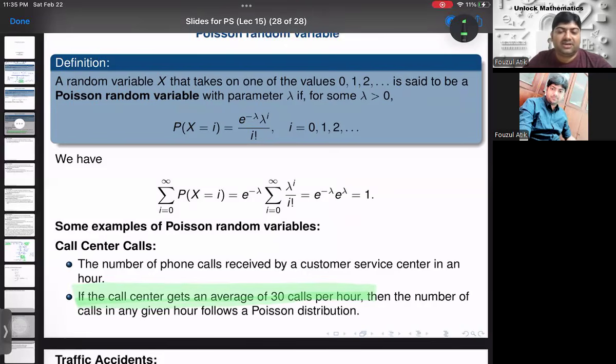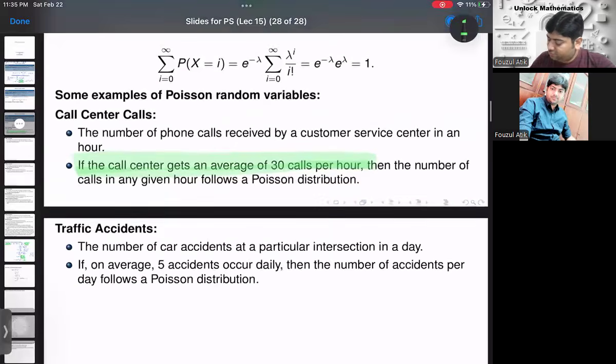Therefore in this case it will follow the Poisson random variable, because we know that in a Poisson random variable this lambda is actually the expected value, basically the average. Similarly, we can have a few more examples.